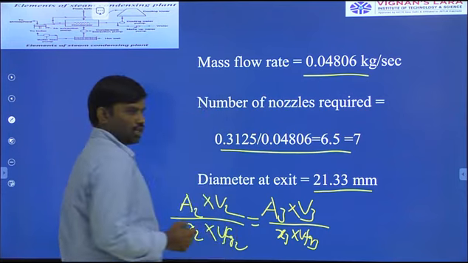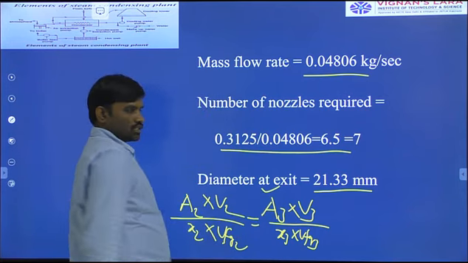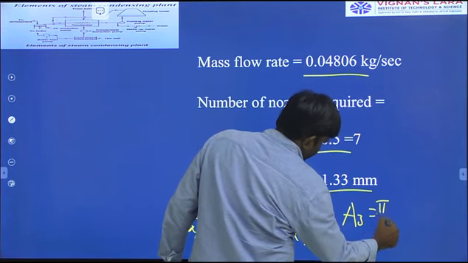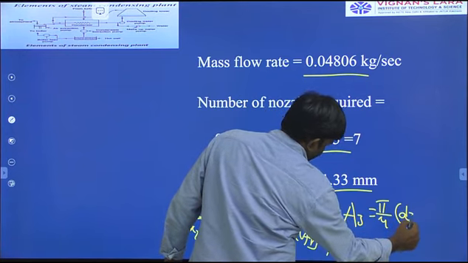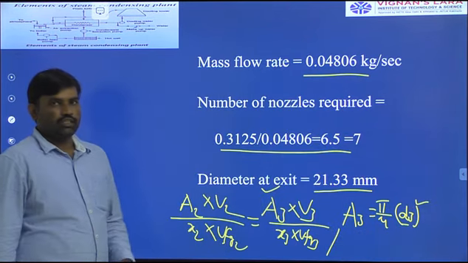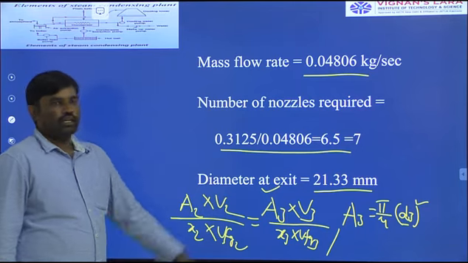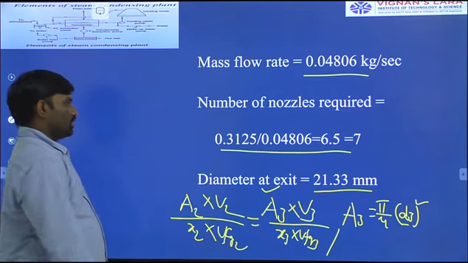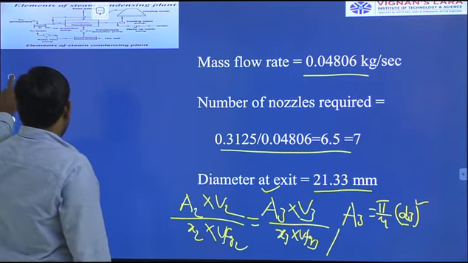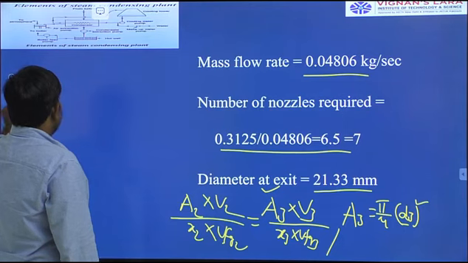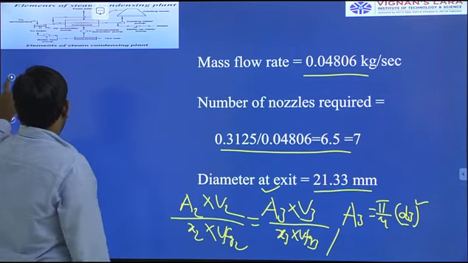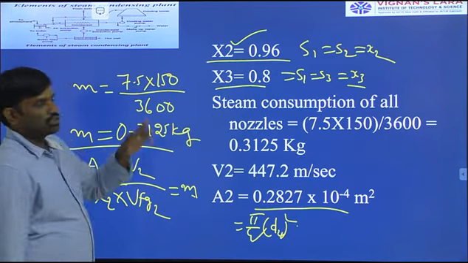In this relation, the only unknown value is A3, which is pi by 4 d3 square. After knowing the A3 value, you can easily evaluate d3, which is equal to 21.33 mm. Now we have to determine one more value, the quality of steam at exit. That was already determined in the previous slide, where X3 is equal to 0.8.